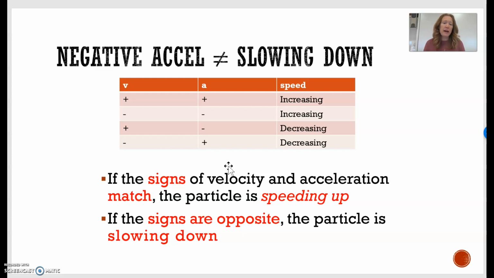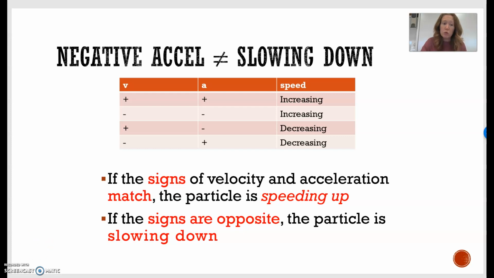So you cannot associate negative acceleration with slowing down. We can practice this more, and we're going to be looking at some graphs and some cases of why that is. But for now, I'm going to leave it at this table, and you can copy this into your notes to help you remember.